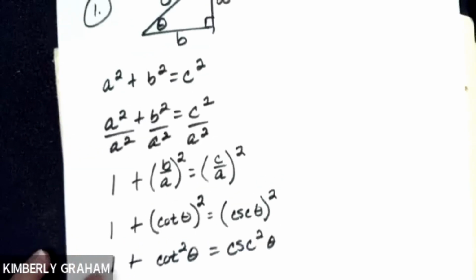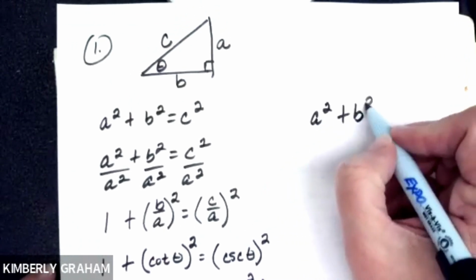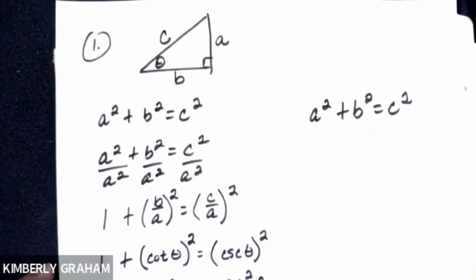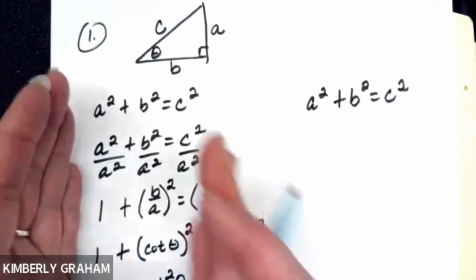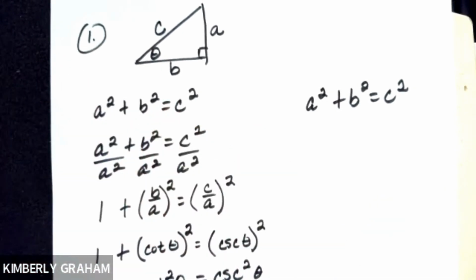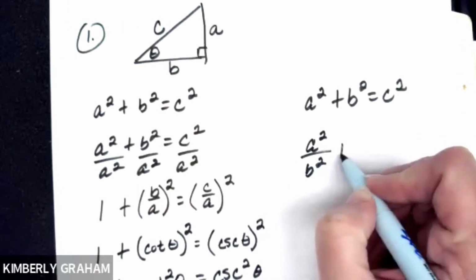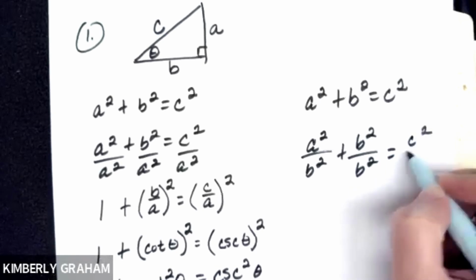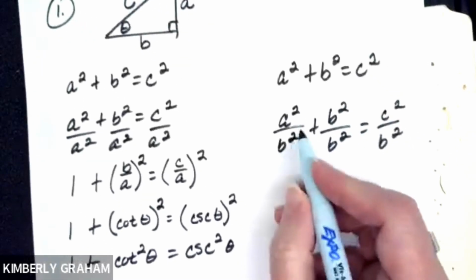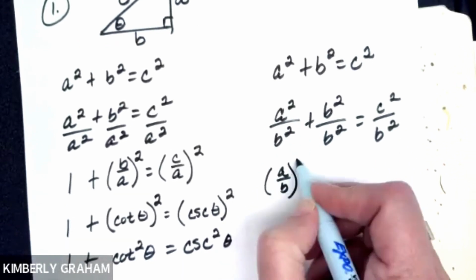Okay, second thing I want to do, still starting off with the Pythagorean theorem, now I'm going to divide both sides by b squared. Right here I divided by a squared. Now I'm going to divide by b squared. Okay. So I'm going to write this a over b in parentheses squared.